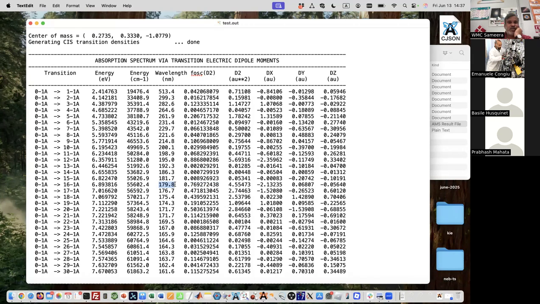You would expect an excitation around 180, and there are two excitations. You can also see several excitations with relatively large transition dipoles, around 170 to 180. Here is another one around 195. You can see another peak, and at 261 you can find another one, which is relatively weak.